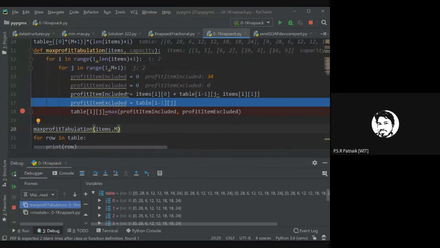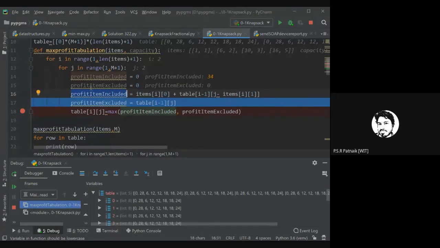Every time we are considering that I can include the profit. But remember, when can I include the profit? There is some condition to include the element. What is that? The weight of the current item being considered should be less than or equal to the capacity. Only then you should consider the profit of inclusion. If not, profit inclusion will always be zero.